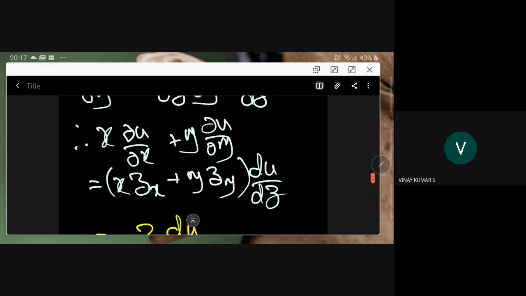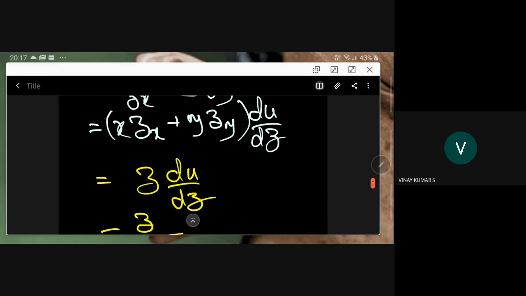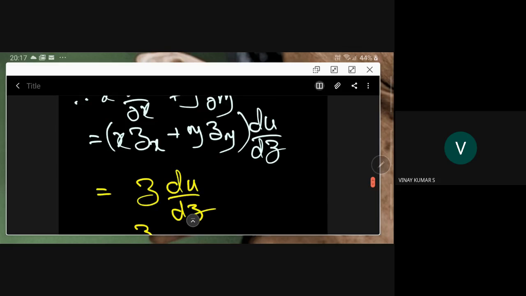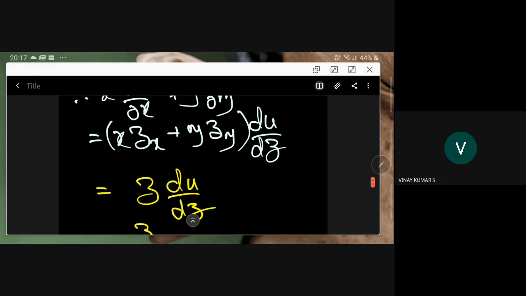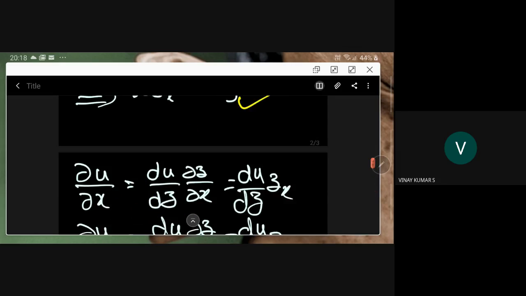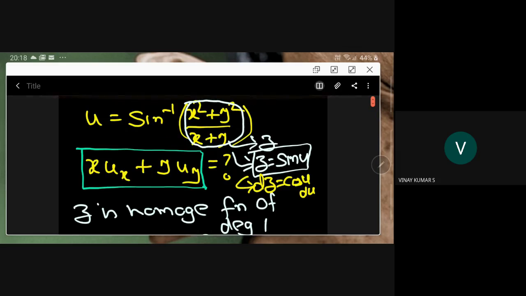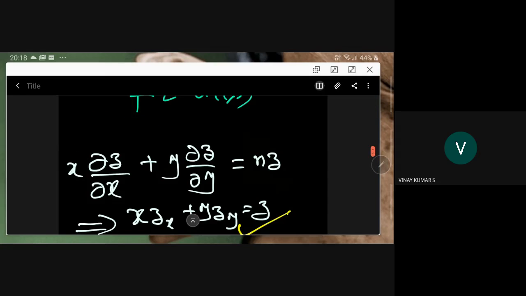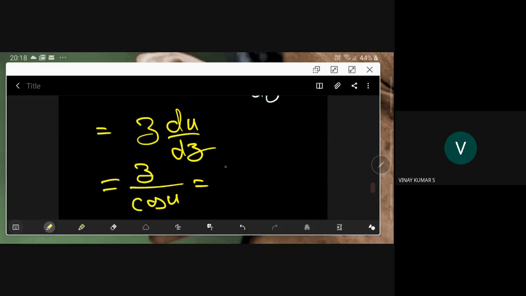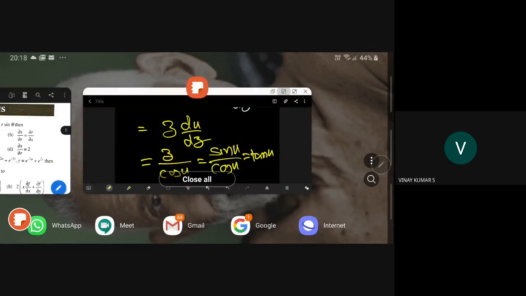So this is equal to z into du/dz. Where is that I'm missing? Oh, yes, right. Sorry. z is sin u. That I forgot. That is equal to sin u by cos u. Yeah, right. It is tan u. I'm sorry, took more time.